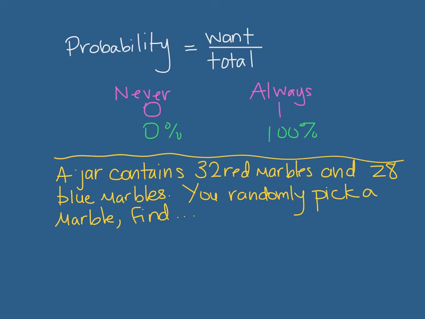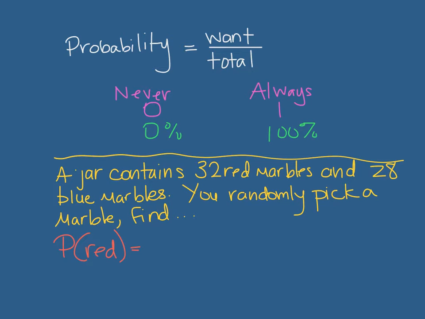All right, so let's try some examples. A jar contains 32 red marbles and 28 blue marbles. You randomly pick a marble, find the probability of a red. Well, if I want the probability of a red, I need to know how many reds there are. I need want over total.